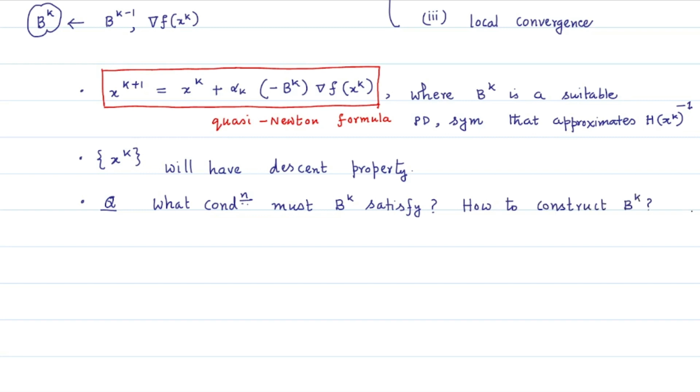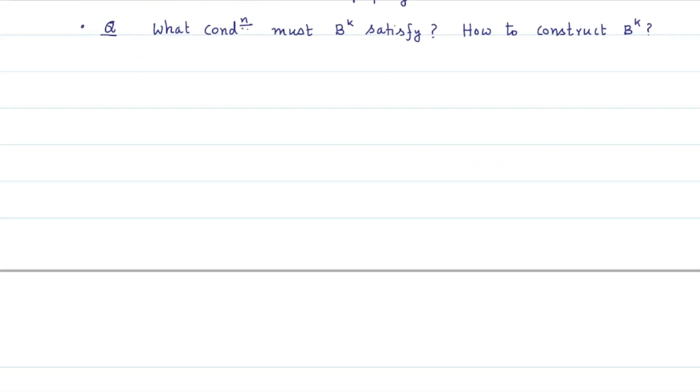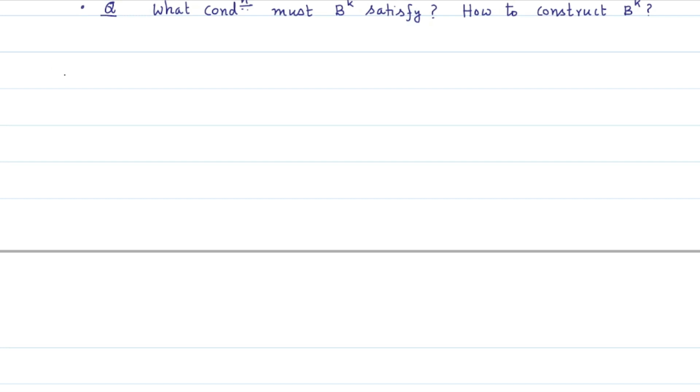Now, in finding the condition that Bk necessarily should satisfy, we recall the derivation of Newton's method, because Bk has to mimic the inverse Hessian, right? So we recall here the derivation of Newton's method. In the derivation of Newton's method, we started our discussion with a twice continuously differentiable function.